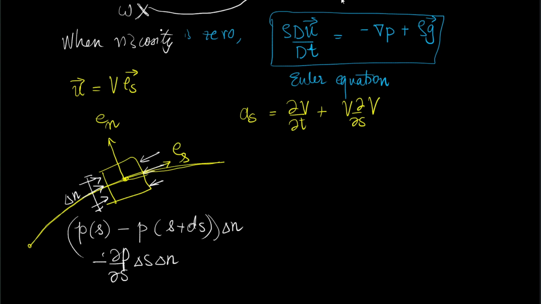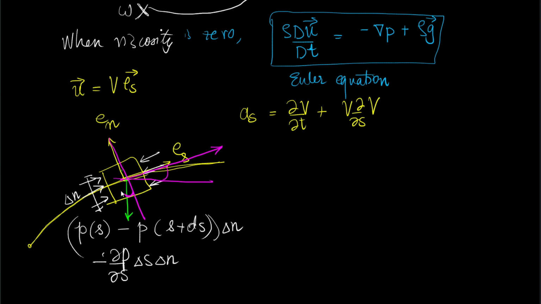What is the force due to gravity? The force due to gravity will be decomposed into the S direction and in the N direction. So let me extend the N direction like this. This is the direction of the velocity and this is the direction of the horizontal. This angle and this angle are the same.